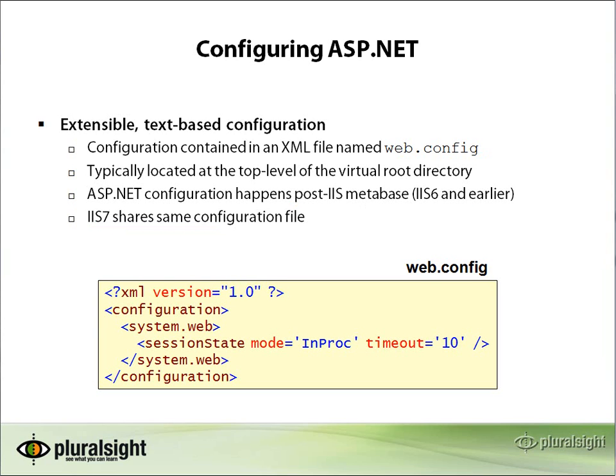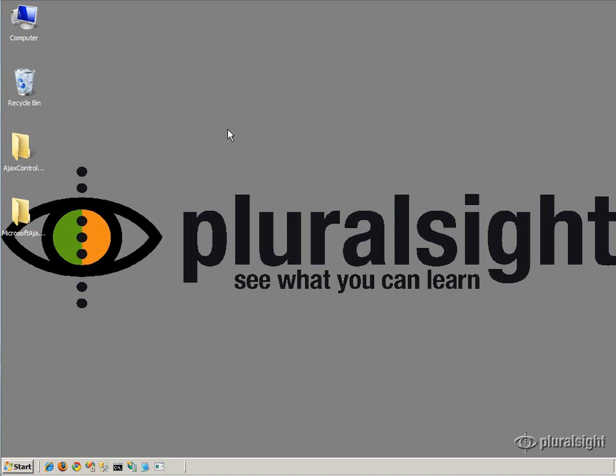Now, just to show you the basics of configuring an ASP.NET site, what I thought I would do is go into IIS, add a new application, and add a configuration file, all just doing it by hand. Now I'm running in Server 2008 here, which means I'm going to be using IIS 7.